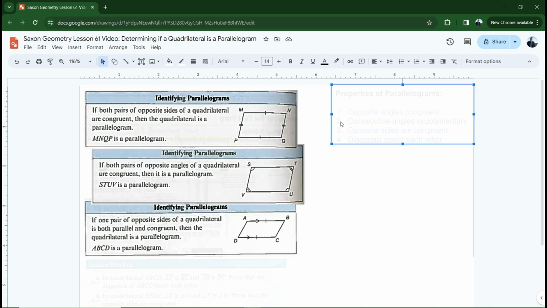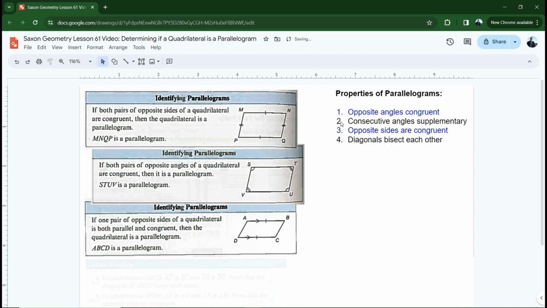Now, back in lesson 34, we learned these properties of parallelograms. We learned that opposite angles are congruent, consecutive angles are supplementary, opposite sides are congruent, and the diagonals bisect each other. Notice I put two of those in blue. That's because two of these, you'll notice, are repeats of our identifying properties.